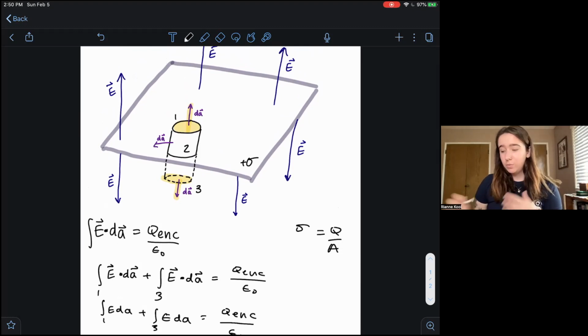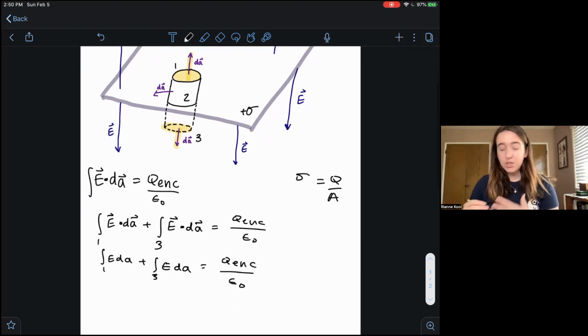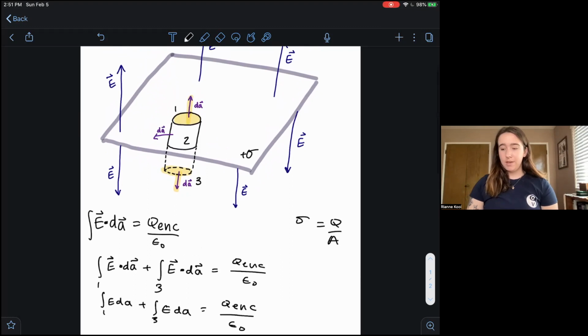And when we do our integration, E just becomes a constant. So basically what we have here is the electric field times the area of two circles. It's also important to note that the magnitude of the electric field is going to be the same whether you're on the top or the bottom.